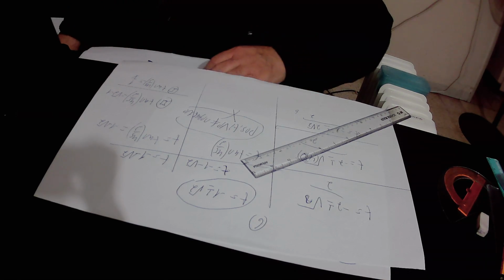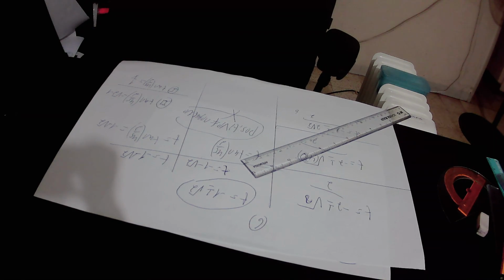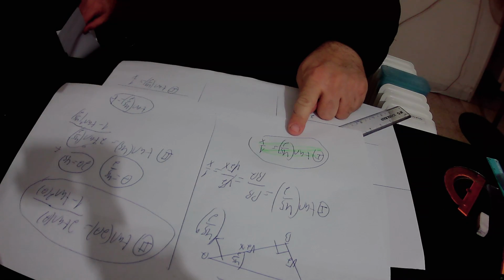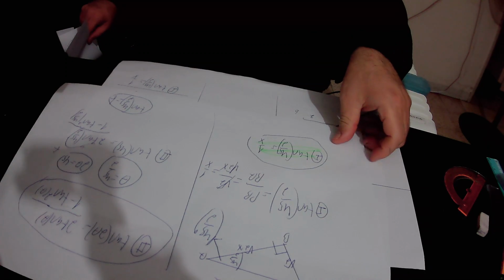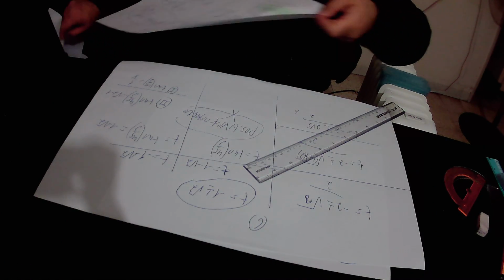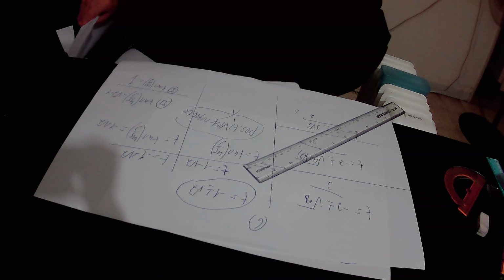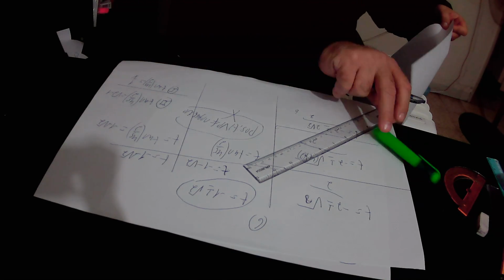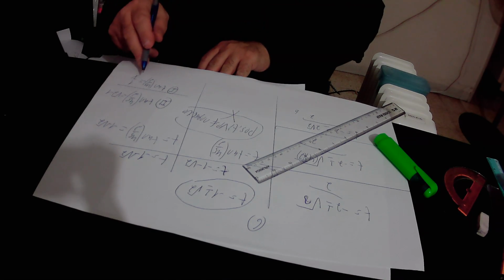Here we have, according to equation number 1, tangent 45 over 2 degrees equals 1 over x. So we actually have two different equations for tangent 45 over 2 degrees.